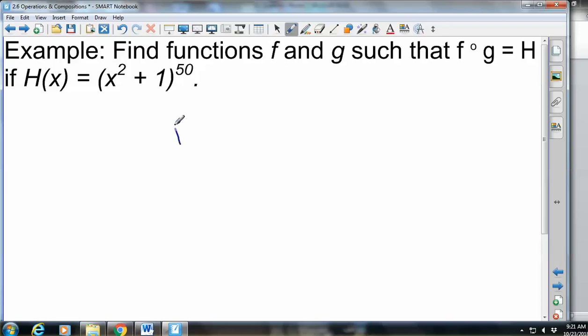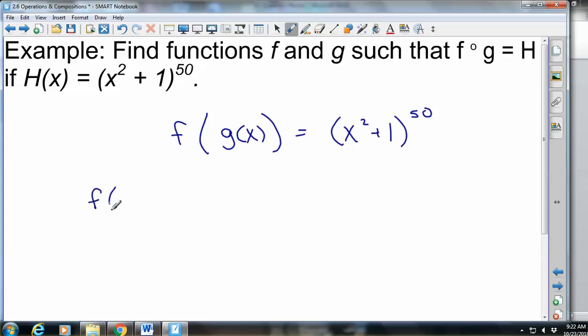Okay, so what this means, f composed with g gave us this for an answer. Now I want you to find out what f and g were originally before I put them together.